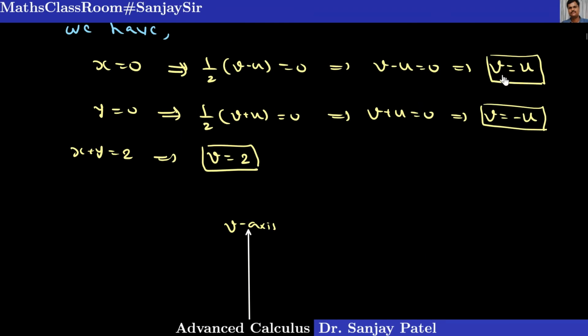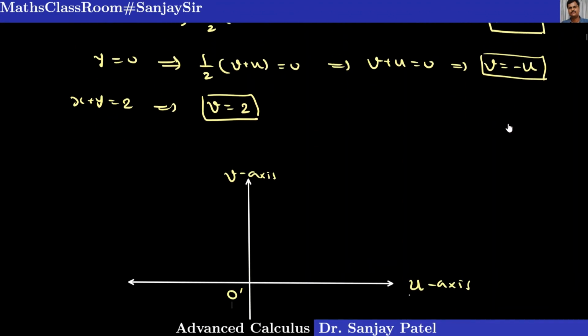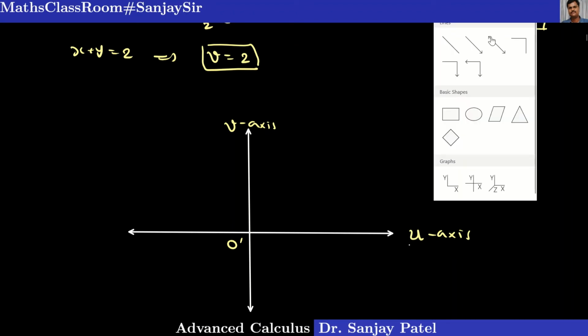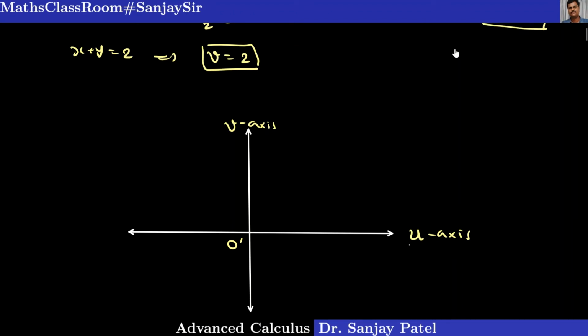It is similar to y equal to x. What is the graph of y equal to x? Straight line passing through origin, making a 45-degree angle with the positive x-axis. But instead of x-axis, we have u-axis. So I must draw a straight line which is passing through the origin and making an angle with this.